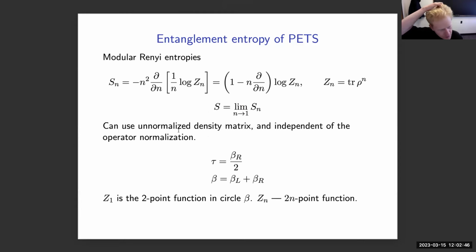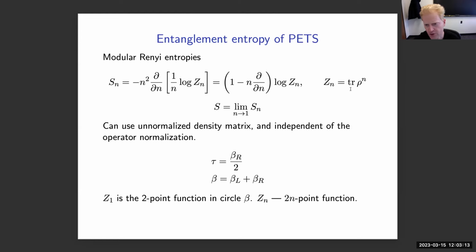Now, the thing that we calculated is essentially Renyi entropies, but a modular version of the Renyi entropy. In the Renyi discussion of Ryota Kayanagi, this is the more convenient thing to look at. It is just a different definition of the Renyi entropies, defined by a derivative with respect to n of Zn, where Zn is the trace of rho to the power n.